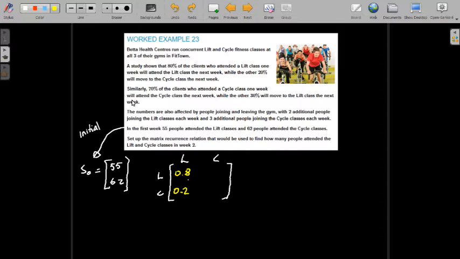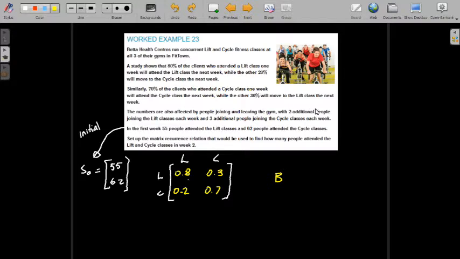From the third paragraph, 70% of the clients who attend cycle 1 week will attend the cycle class the next week. So we've got 0.7 over here, which means we've got 0.3 remaining here, as it says, 30% moved to the other class. The other thing is one more condition: the numbers are affected by people joining and leaving the gym.